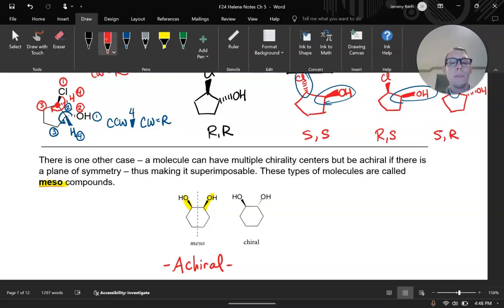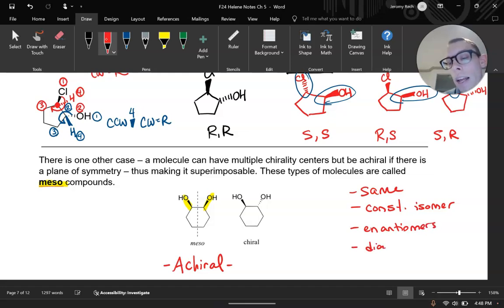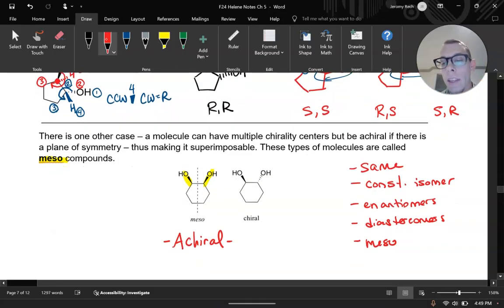So of our different ways in which we can compare two different molecules, they could be the exact same. They could be a constitutional isomer. They could be enantiomers. They could be diastereomers. Or you can have a material that's going to be achiral, often meso. And then, of course, you have the option that they're totally different, where they're not isomers.